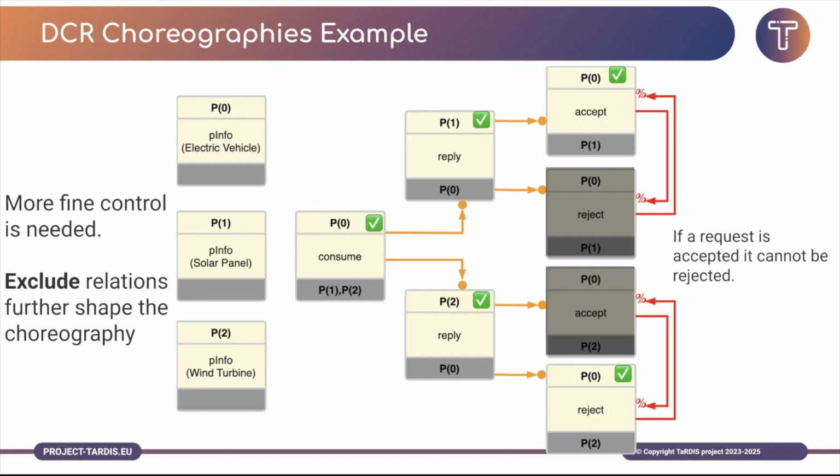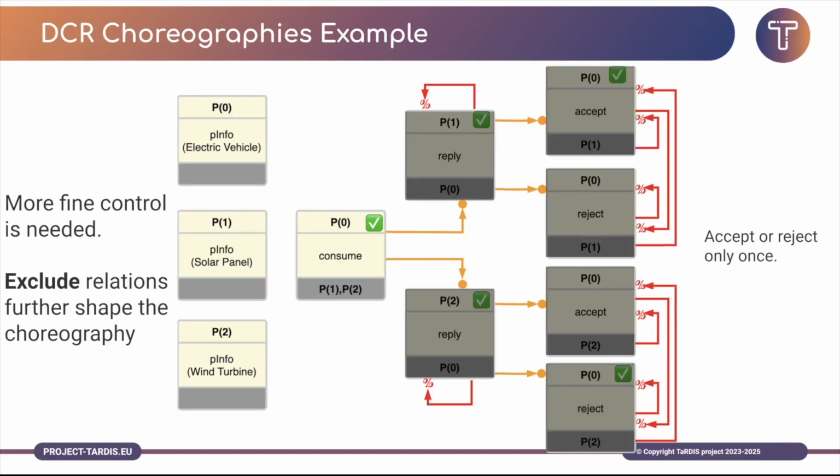And in the case of P2, P0 executes a reject event, so it will exclude the accept event sent from P0 to P2. What we can see now is that the events accept and reject and also reply are still enabled and can be executed again. It makes sense to add an exclude relation from reply to itself, from accept to itself and from reject to itself, meaning that these events can only happen once.